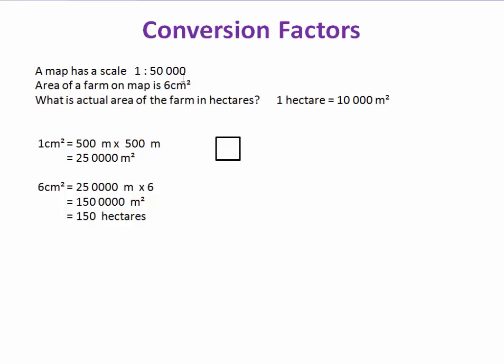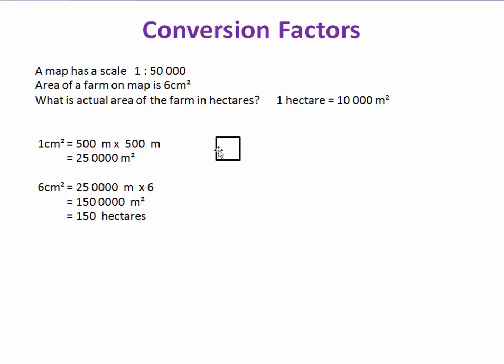The unit we're going to use is centimeters squared. If we've got 1 centimeter squared and this ratio 1 to 50,000, this side is going to be 500 meters. This side is going to be 500 meters.